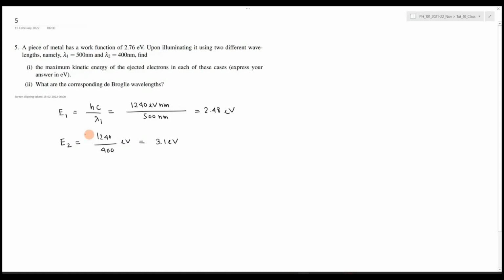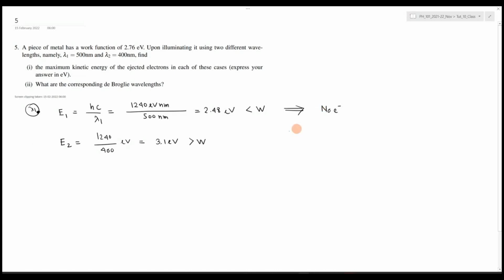Will there be any ejection of electrons from lambda 1? No, because the material has a bigger work function than the energy of the incident photons. So in this case, no electrons will come out, but in this case, electrons will come out.